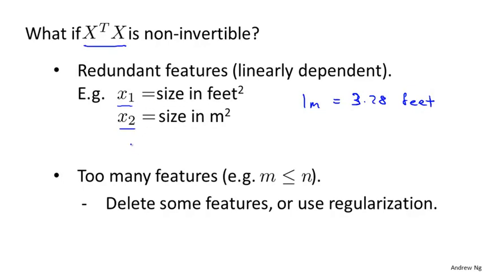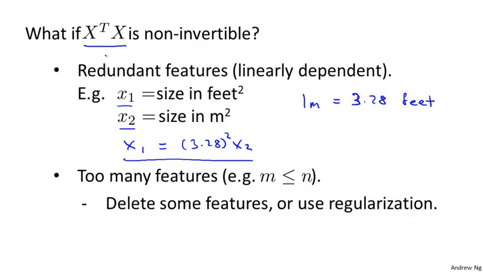And so your two features will always satisfy the constraint that x1 equals 3.28 squared times x2. This is somewhat advanced linear algebra, but if you're an expert, you can show that if your two features are related via a linear equation like this, then the matrix X transpose X will be non-invertible.